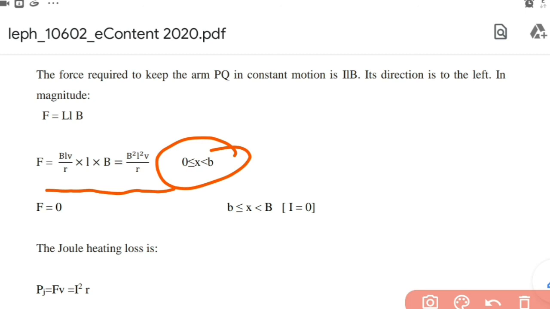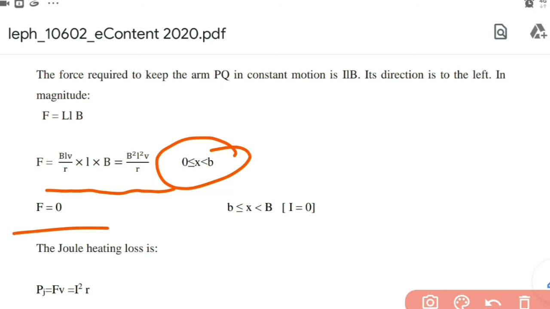So we have this as the force, and when it is moved from b to 2b, since there is no EMF, no current is flowing and no force is being experienced, so in that case F is 0. For the backward motion also it is the same: when it is moved from 2b to b, force is equal to 0, and for the backward motion from b to 0, the force changes its direction.